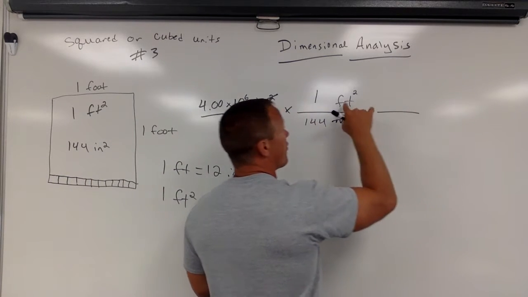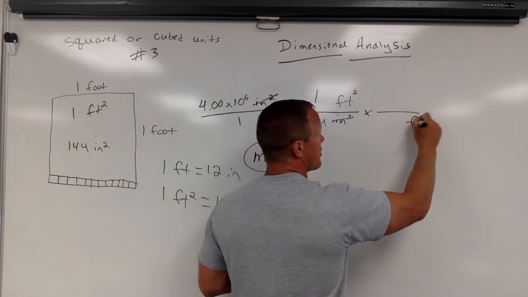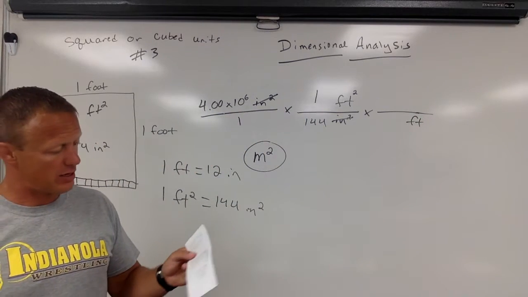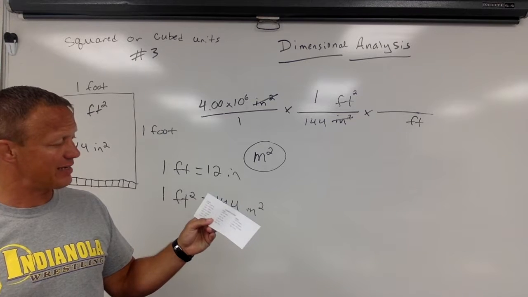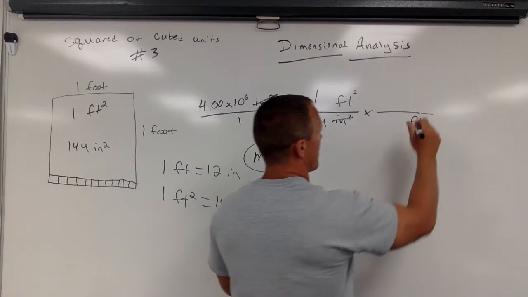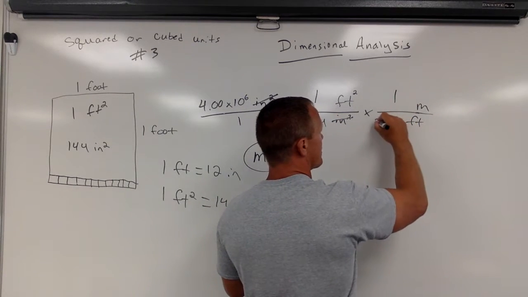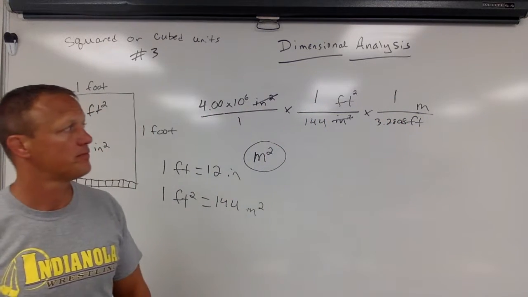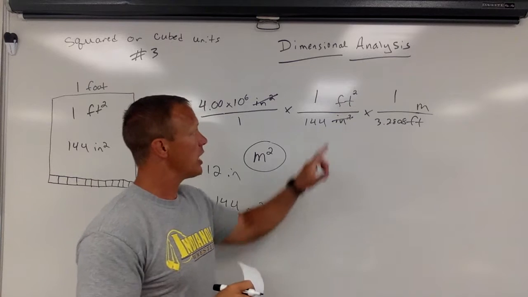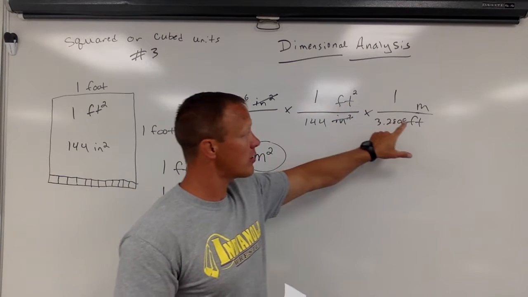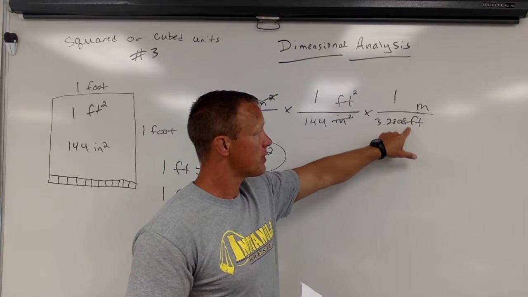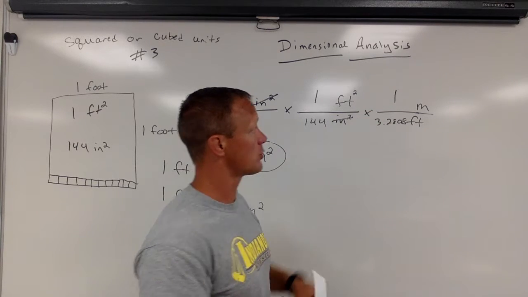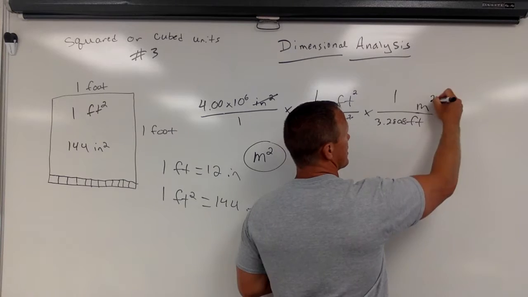Next conversion, I know feet is here. I'm going to put feet down here. Again, I'm going to have to square whatever is in here. And I'm looking on here, it gives us a feet to meters. And it says that every 1 meter is 3.2808 feet. Again, that is a length though, when you're dealing with an area. So if I want to square my label, I've got to square the number. Well, 1 squared is 1. I can just square that one.